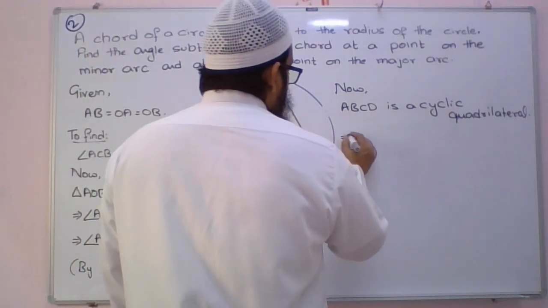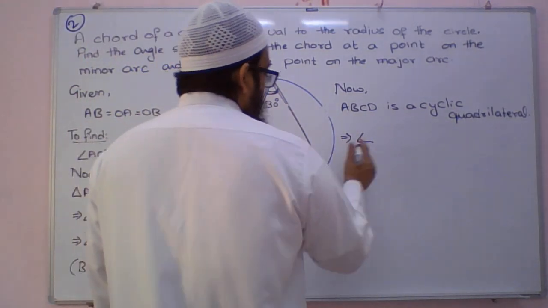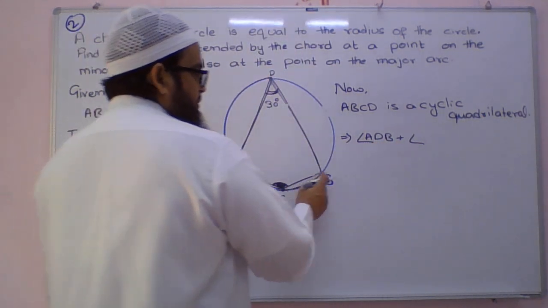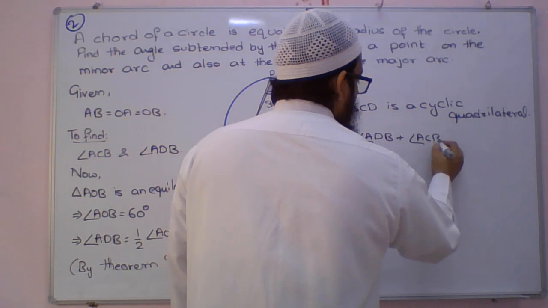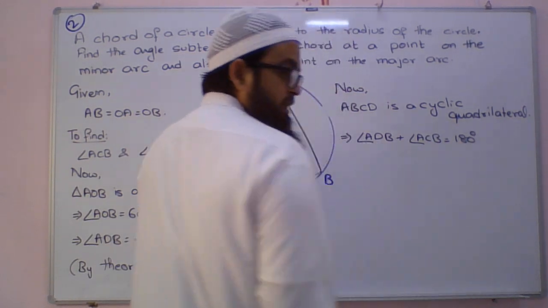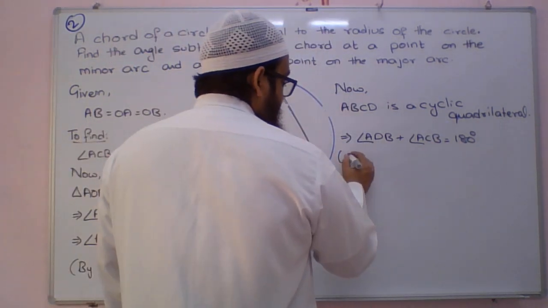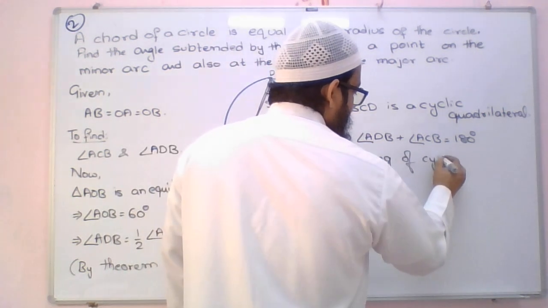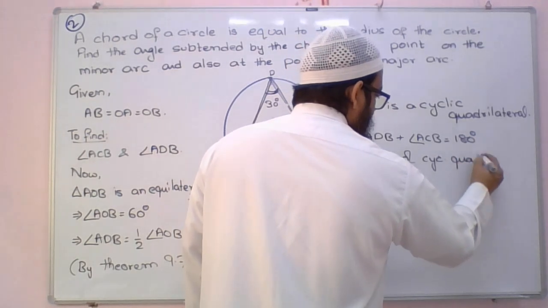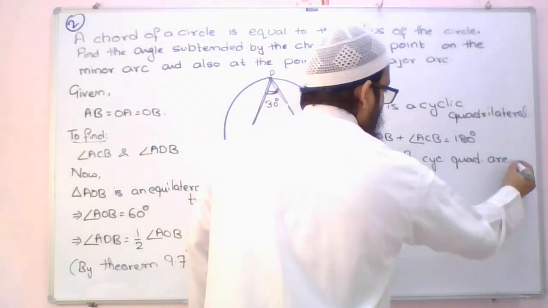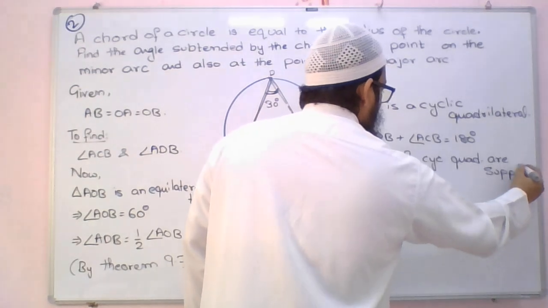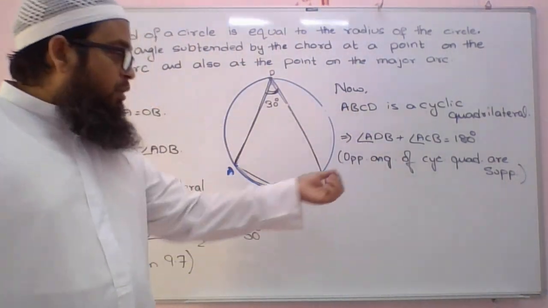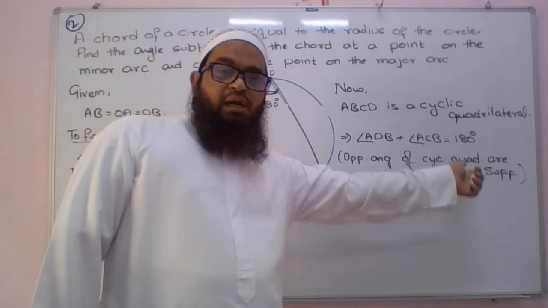So that implies angle ADB plus angle ACB is equal to 180 degrees. You have to write the reason: opposite angles of a cyclic quadrilateral are supplementary. I am writing in shortcut, you don't write it. Whenever you copy in the notebook, write the full form: opposite angles of a cyclic quadrilateral are supplementary.